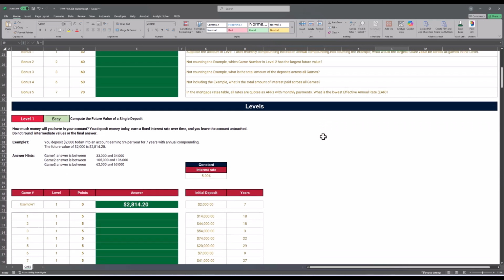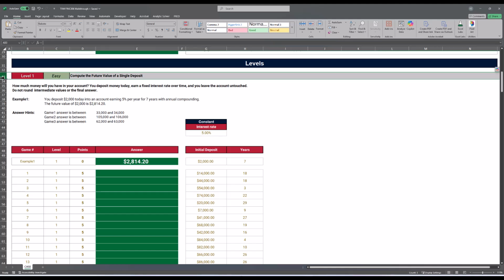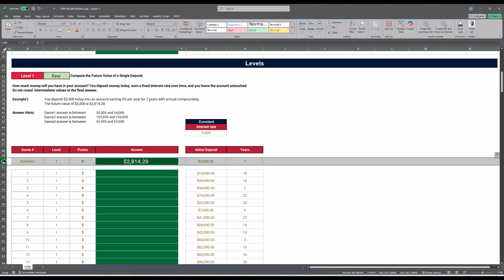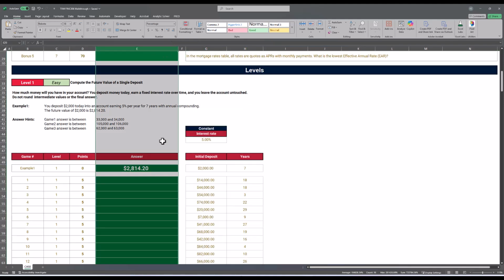Now, each one of the levels is going to contain a description of a problem, and then it's going to have a single example that takes a set of inputs, works the problem, and generates an output.